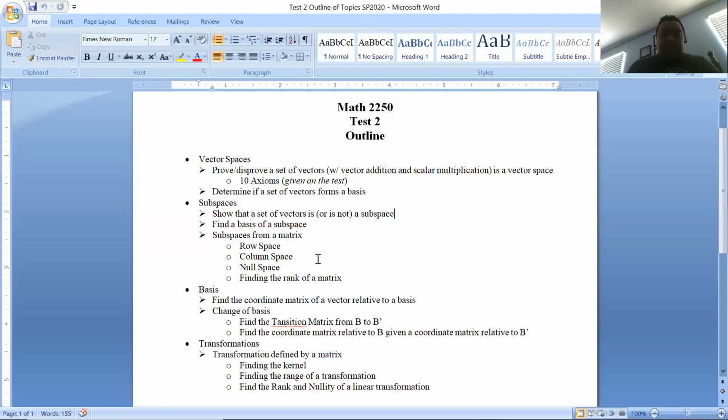So we already talked about the basis, right? So basis vectors, or if a set of vectors forms a basis. Now the main thing on here is the coordinate matrices, or the coordinate vectors. Make sure you know how to find those, right? So really those are linear combinations.